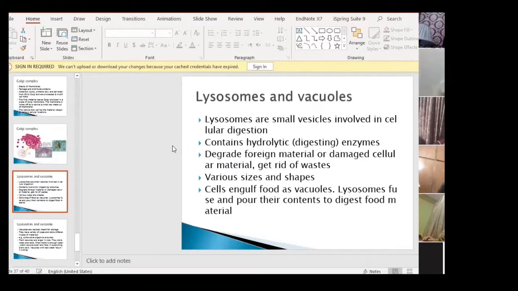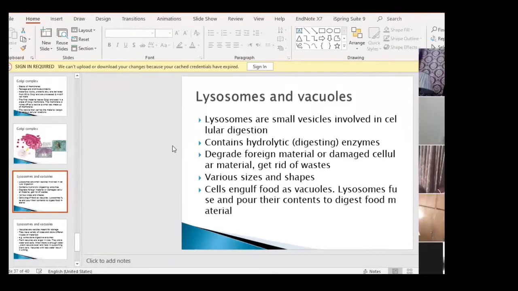The second purpose is that if there is something which is not healthy, like a bacteria or a bigger bad thing, the cells can consume it. What happens, for example, if the cells engulf a bacteria, what will happen after that?